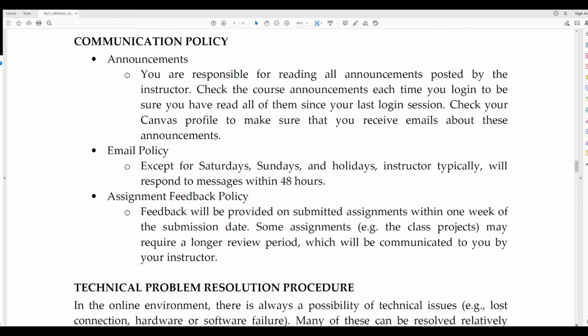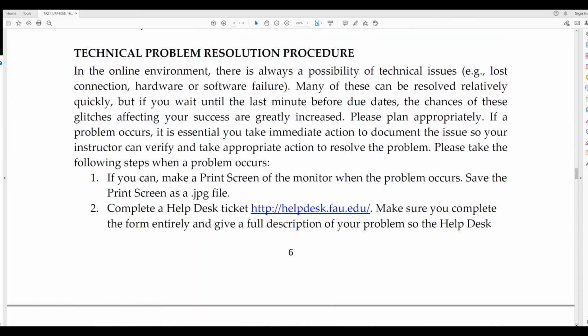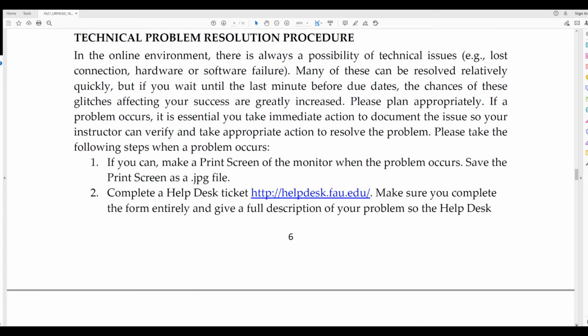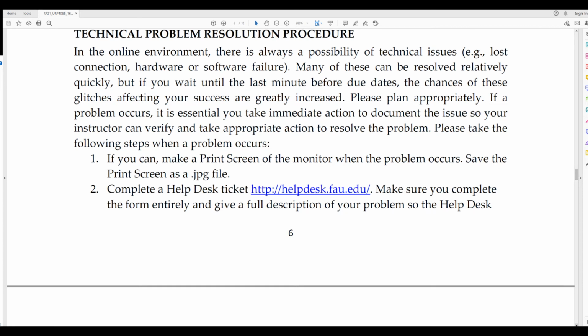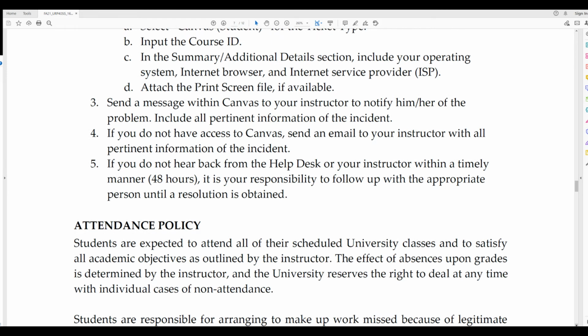If I need more time to grade those projects or assignments, I will let you know. If you run into any technical problems accessing Canvas, or you cannot submit assignments online, please contact the help desk, or please let me know in a timely manner, so that I know what is expected.